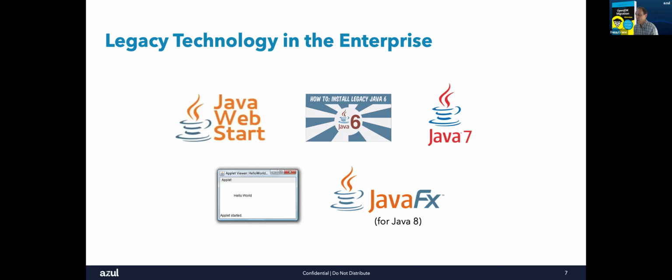For example, JavaFX on Java 8. Oracle has recently announced that Java 8 will have JavaFX pulled from the next release. That means the upcoming update in April will not feature JavaFX. If you've been using JavaFX for your desktop GUIs, for example, one of the key use cases for JavaFX, or even if you have a server-side application that calls those JavaFX APIs, they may stop working.